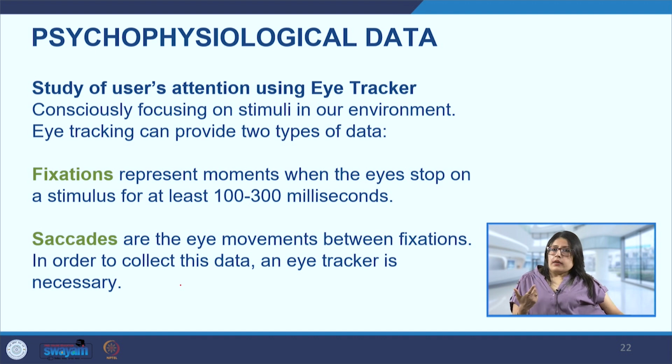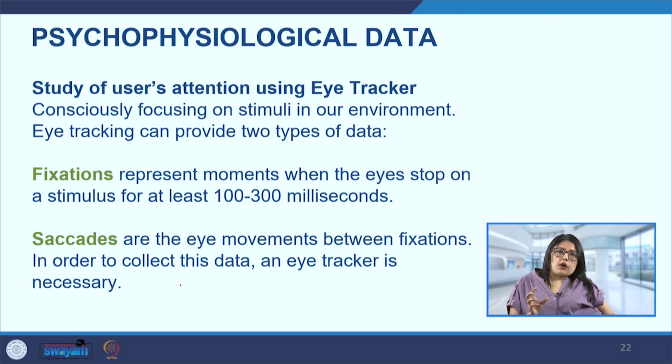When we like something, usually humans will focus on that area a little bit more, or on something which is attention grabbing, eye grabbing. So we will pay more attention to it. When we are looking at a particular item for a long time, that is the fixation, which means how long the eyes are stopping on a stimulus.